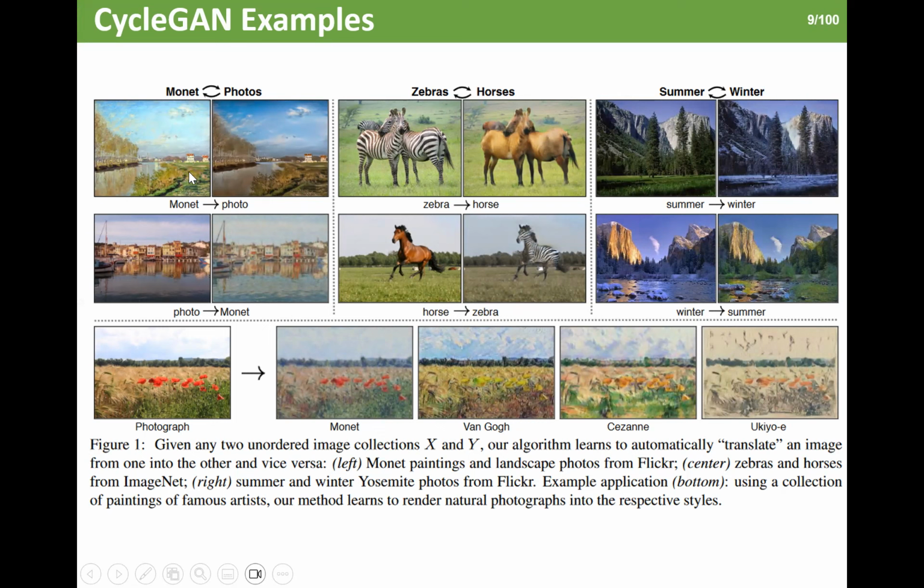There are websites where you can upload your own photo, and it will generate something that looks like Monet. Or this is an example we'll see later: zebras. If you wanted, say, for a Hollywood movie, you didn't want zebras, you wanted horses, you can convert back and forth between horses and zebras.